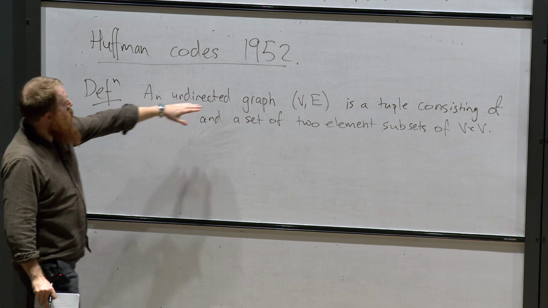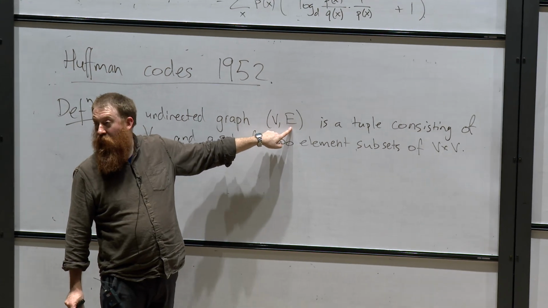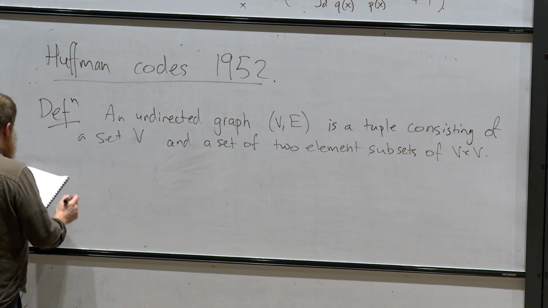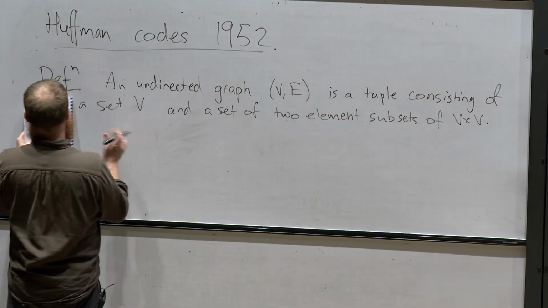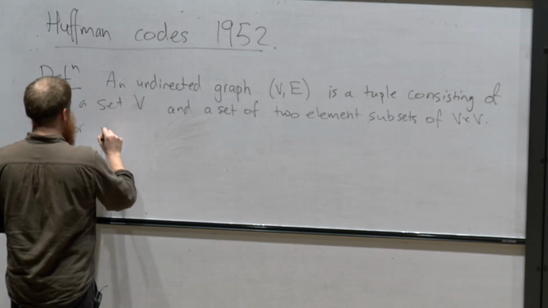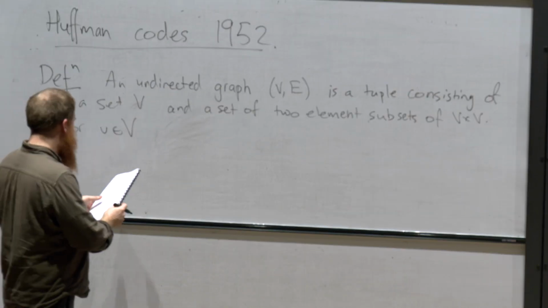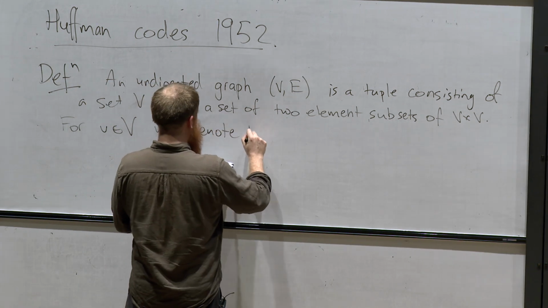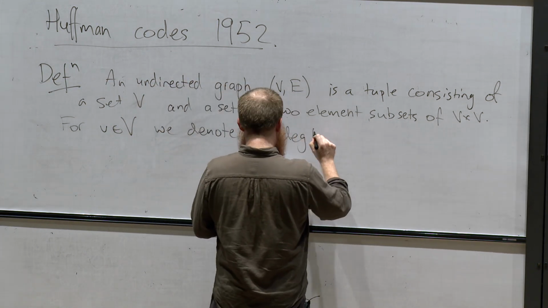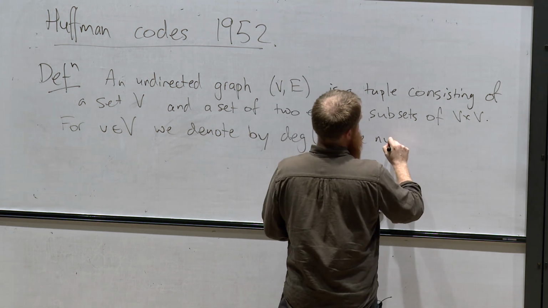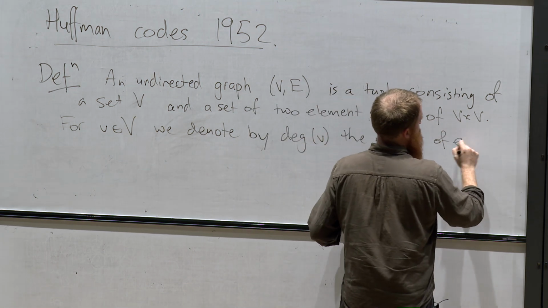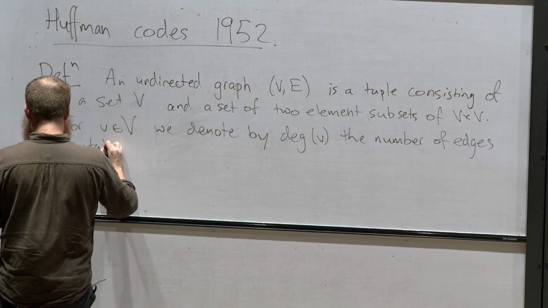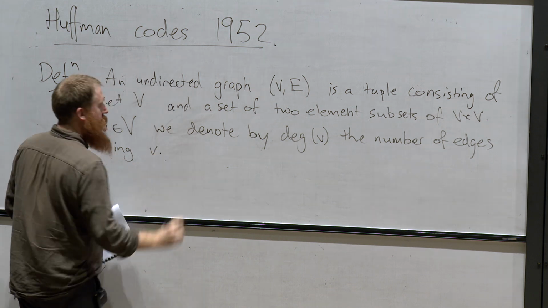Okay, so we have all of our nodes and we have our edges between two nodes. So there we are. For v in V, the vertices, we denote by the degree of v the number of edges containing v.